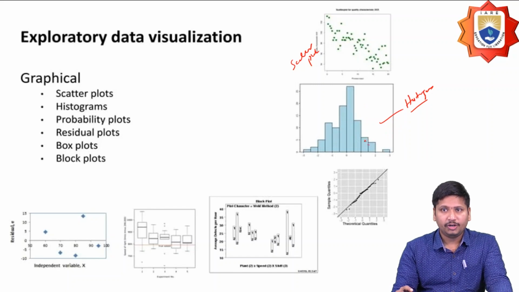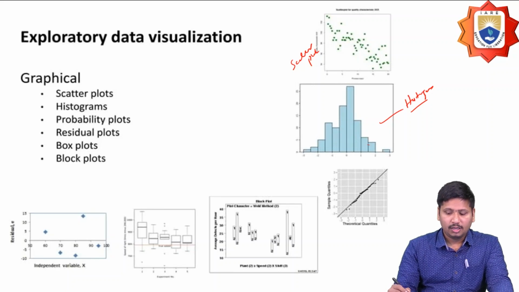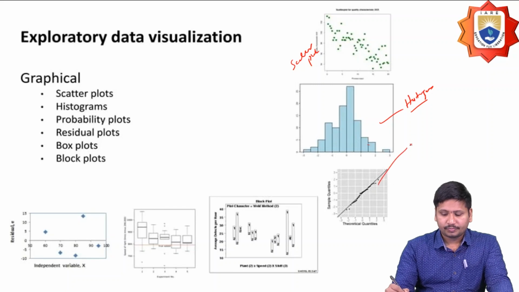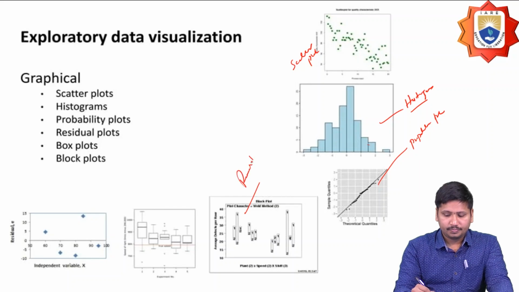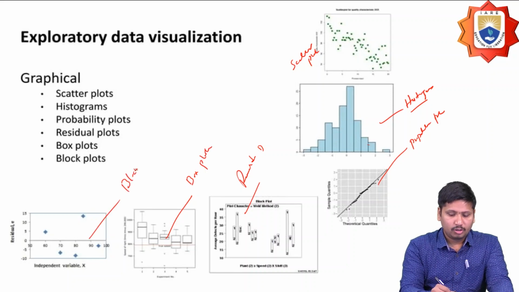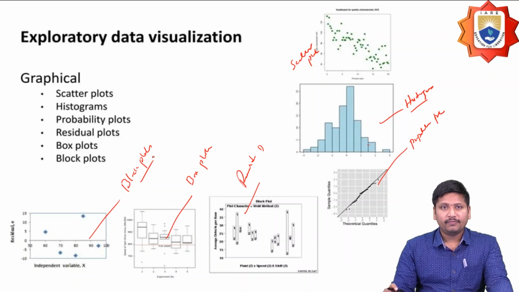Already I covered in some of the videos how we construct these graphs, scatter plot, bar chart, histogram like this, and probability plots and residual plots, and this is the box plot, and this is the block plot. So like this we have different types of data visualization for any kind of data I want to present.